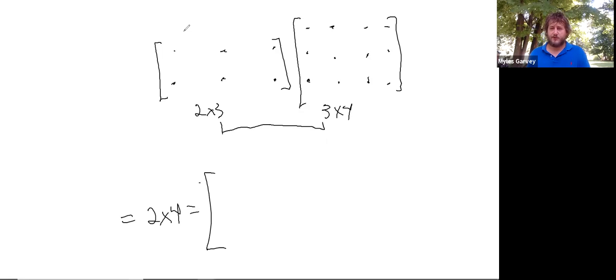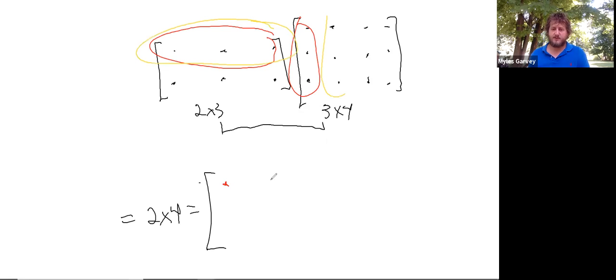So the first element is the dot product between here and here. The second is the dot product between here and here. The next is the dot product between here and here. The next is the dot product between here and here.